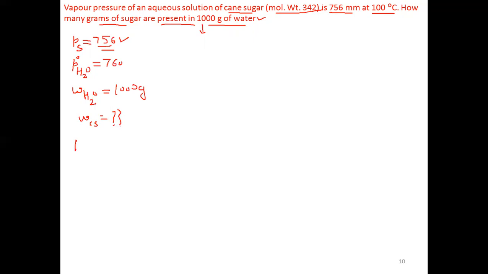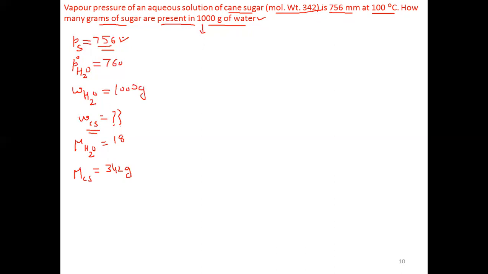We know the molecular weight of water is 18 and the molecular weight of cane sugar is given. Sucrose is called cane sugar. It is 342 grams. Okay, now let us see how we can calculate the weight of this cane sugar.